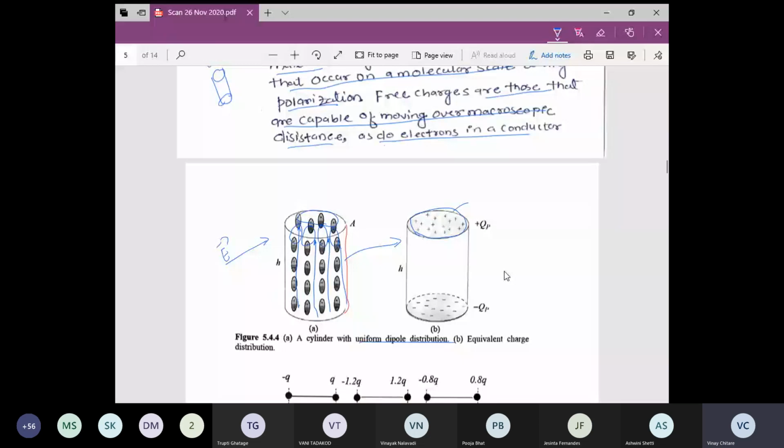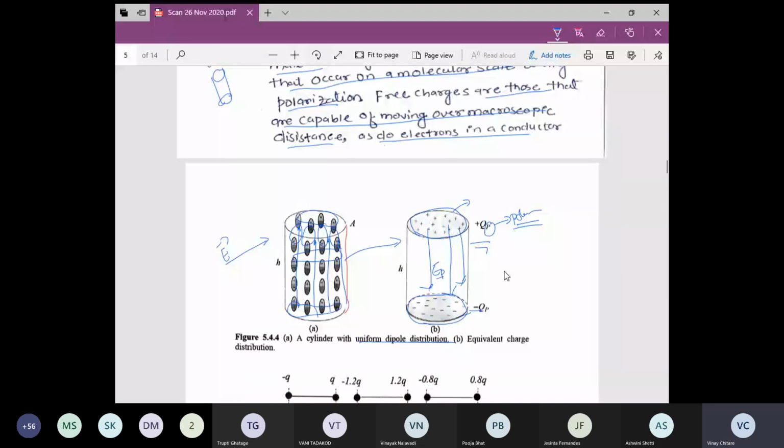As the cancellation also happens here, here, here, at the bottom you have the net negative charge. Plus qp and minus qp, where p indicates polarization or the bound charges, and this tries to produce an electric field which we call Ep.